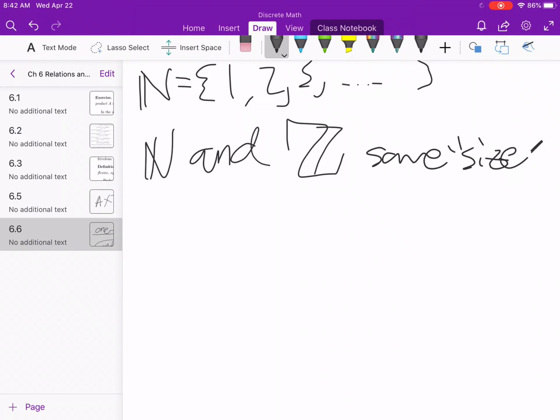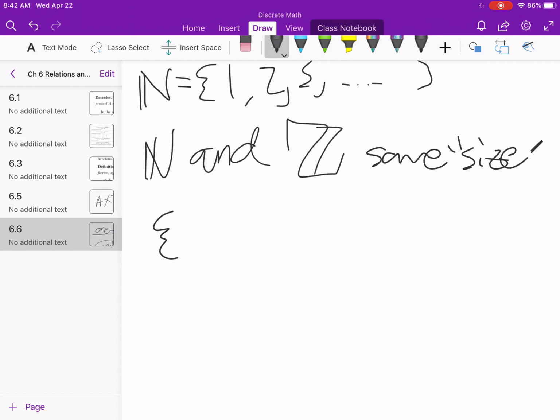Really the size of these is both infinite, and it seems kind of weird because the natural numbers seem like they would have half as many numbers as the integers, but if I can find a bijection between two sets, and this is actually not the only bijective map I could find between them. You can see it in the small case, right?